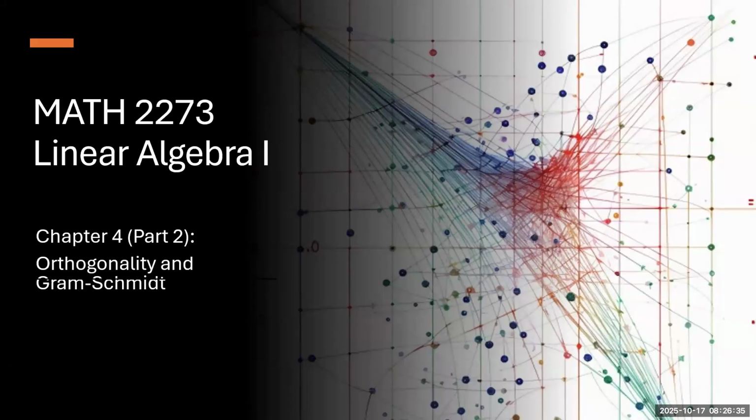Okay, so I see we have in the chat, a dot product is an example of an inner product. Yes, very good. An inner product is something very general. It could apply to any function on a vector space that satisfies those 4 properties we looked at the beginning.